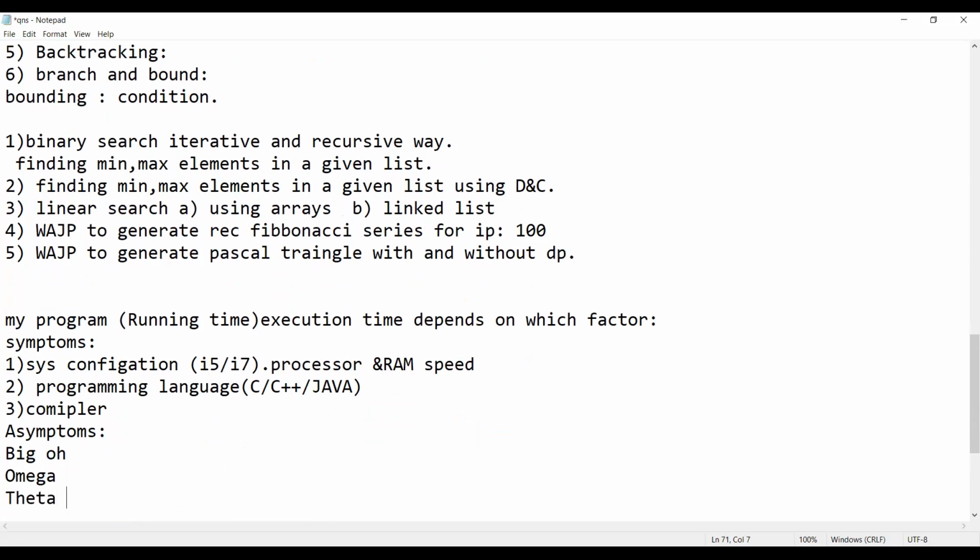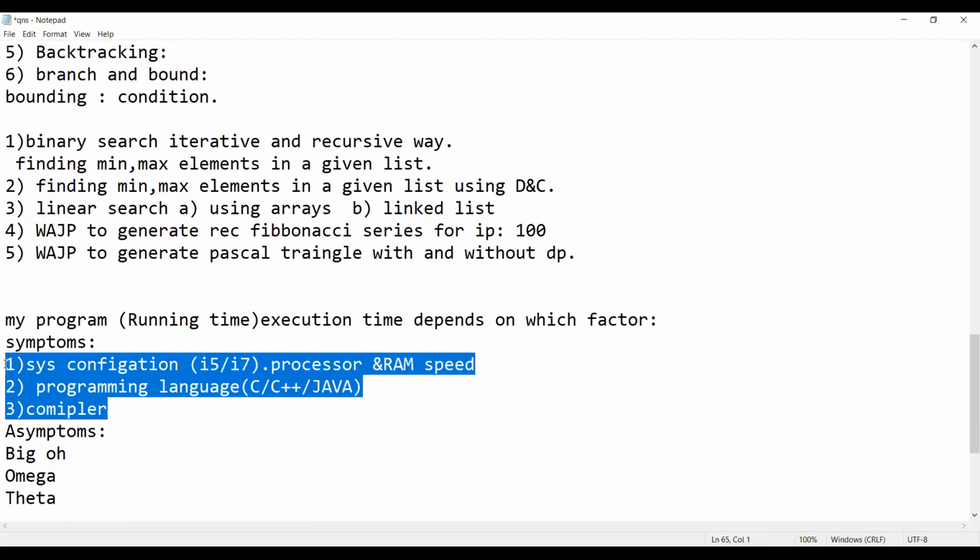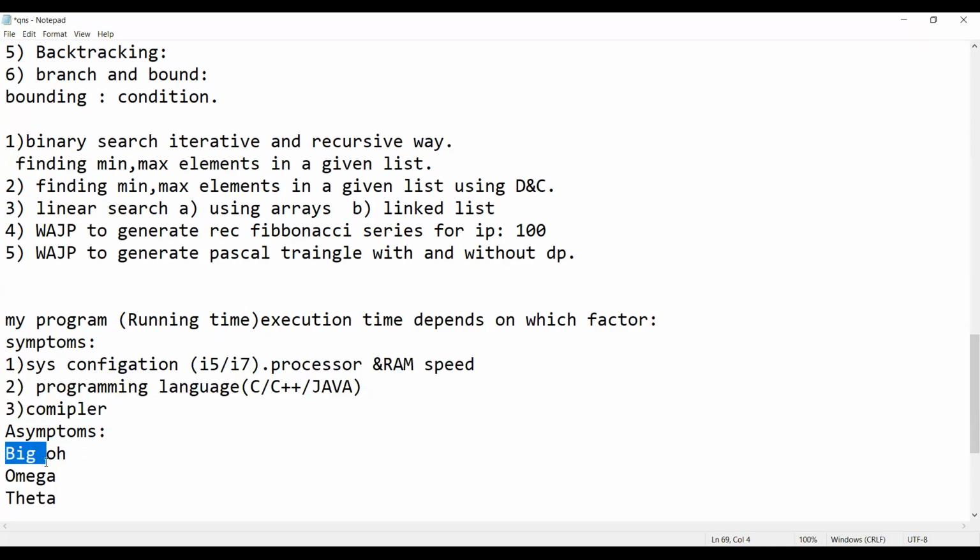These are the different mathematical representations, without consideration of the above factors, showing how your algorithm will behave. Now I will explain what is big O notation, what is omega and theta notation.